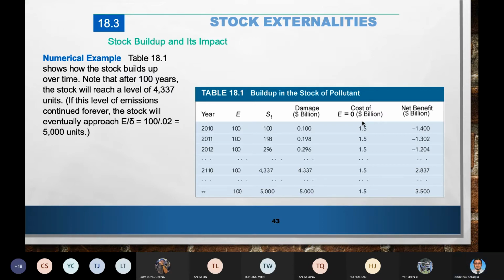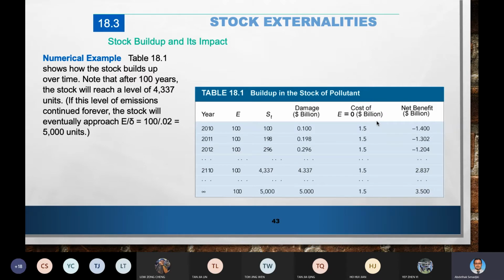So in order to see whether reducing emission to 0 makes sense in the economic sense or not, we need, as I said, to compare the present value of the annual cost of this 1.5 billion with the present value of the annual benefit resulting from the reduced stock of pollutant.